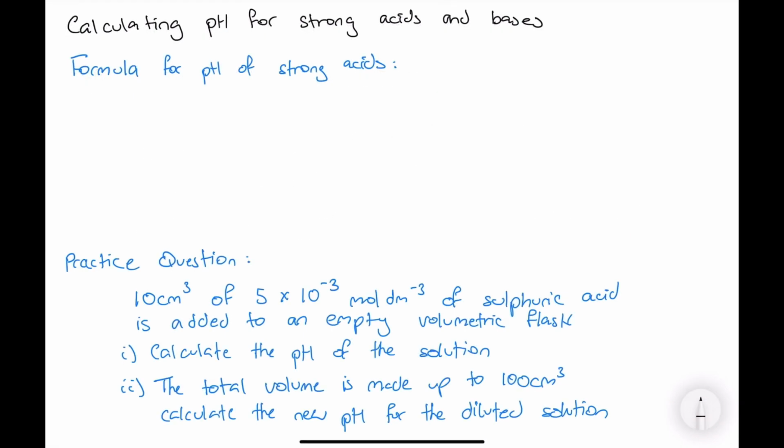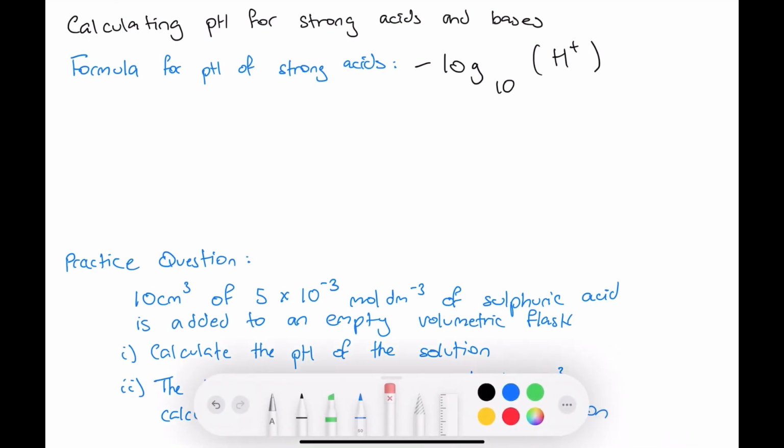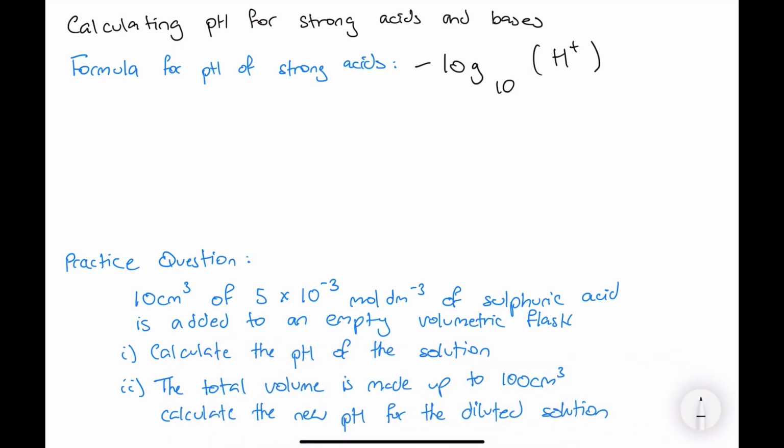Okay, so luckily the formula for calculating the pH of a strong acid is very simple. It's just negative log to the base 10, and you just need to have the concentration of the hydrogen ions. So when you have a monoprotic acid, they would usually give you the concentration of it already, then you can just substitute it in.